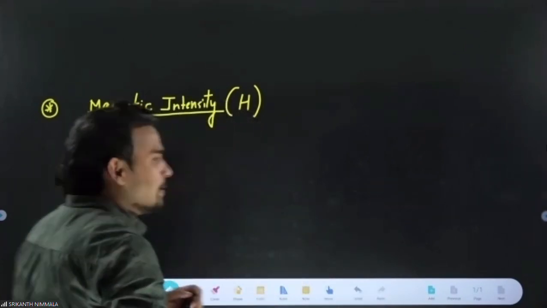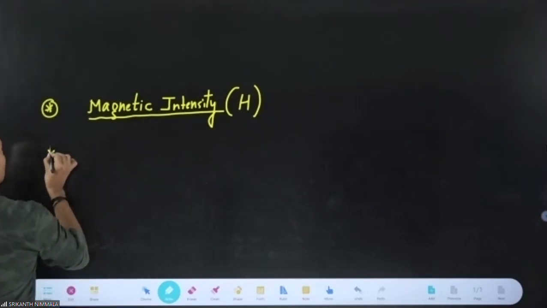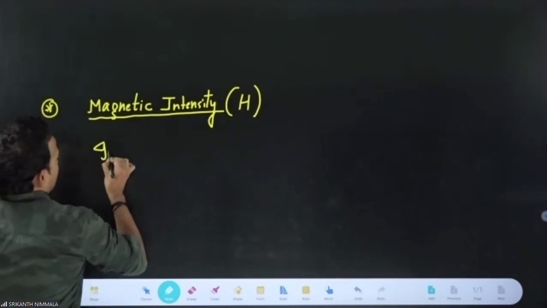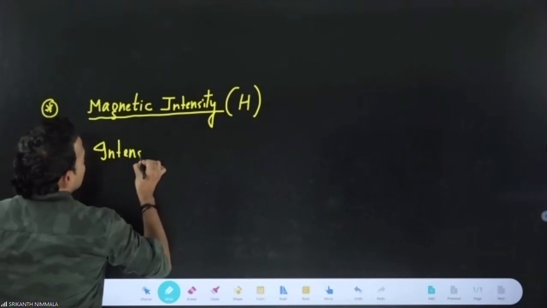You write intensity of magnetization. You see, the name is telling you everything.